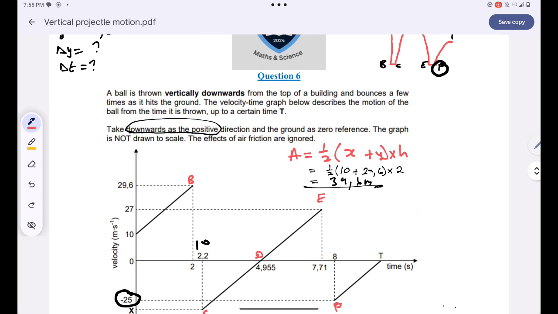So now check, guys, the distance from here to there, that's 2.55 seconds. Are you together? They want us to find the value of t. So t basically will be equal to 8 plus 2.55 seconds. That's 10.55.